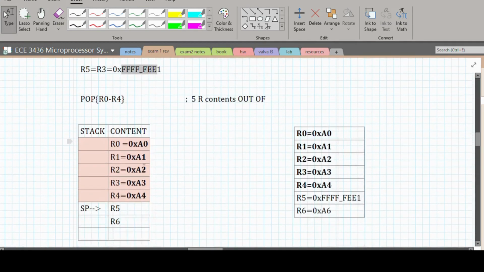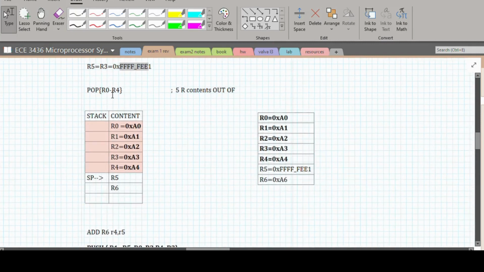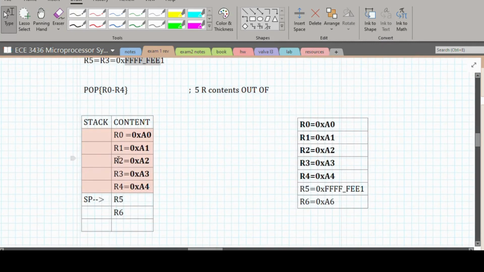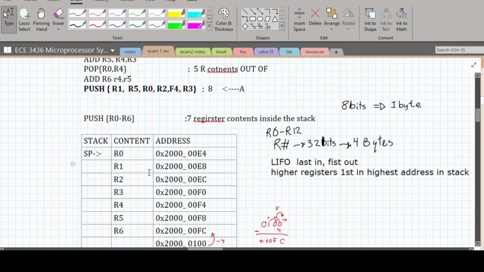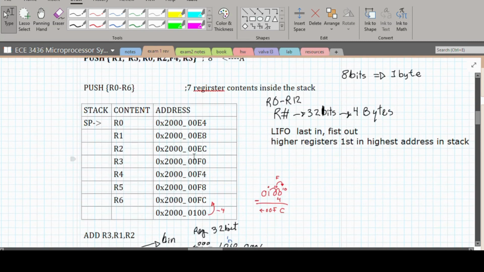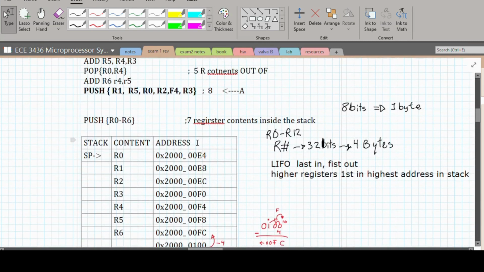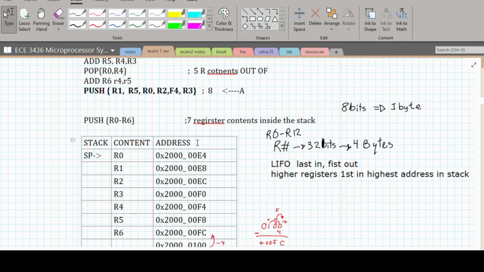Okay, now we come to the first pop. It's important to notice at the beginning that we keep a record of how many contents we're putting inside the stack and how many we're taking out. If you're doing a lab, I recommend always taking care of that, because if you have, say, 3 pushes and then just 2 pops, and you think that's okay for your code, that's not okay.